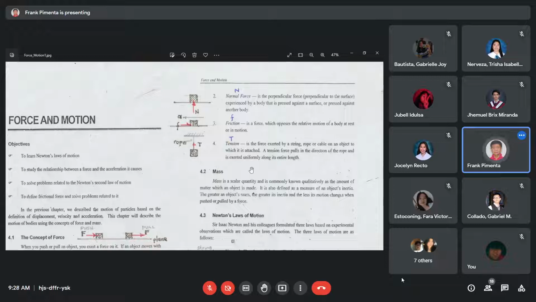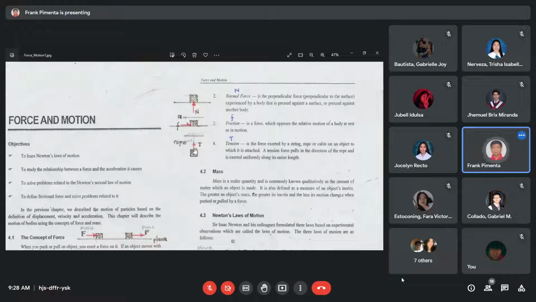And it is exerted uniformly along its entire length. So, meaning if the magnitude of tension here at the attached to the block or object is 10 newtons, at the middle, the tension force is also 10 newtons, and at the top, the tension is also 10 newtons.